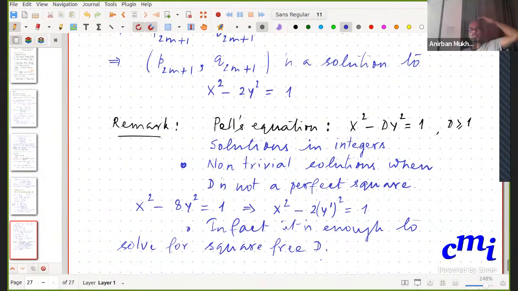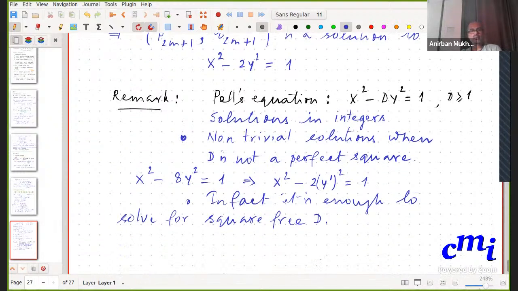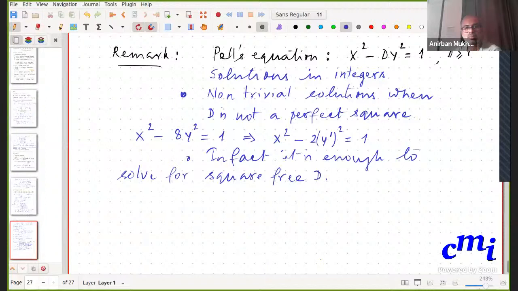If we know how to solve it for every square free D, then we have all the solutions.